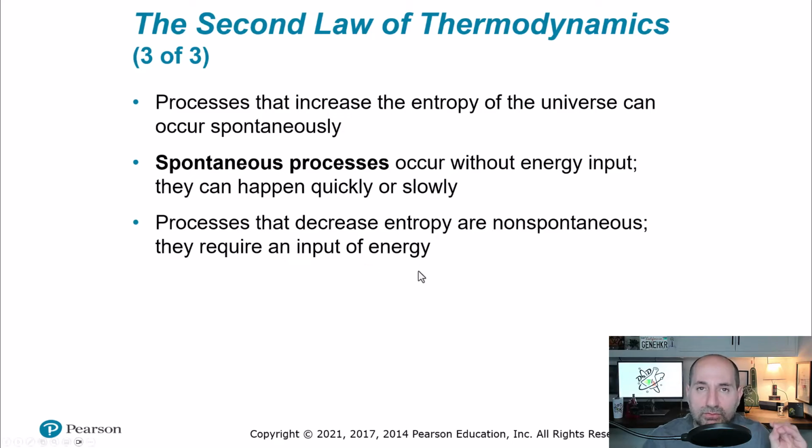So if overall a process, let's say a chemical reaction, increases entropy, then it's spontaneous. But if overall that chemical process does not increase entropy, then it would be non-spontaneous.